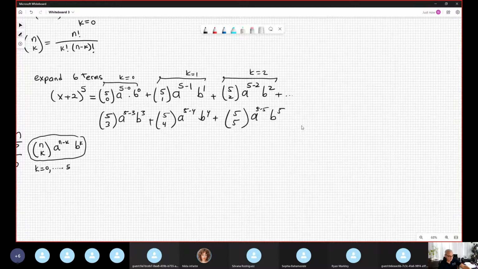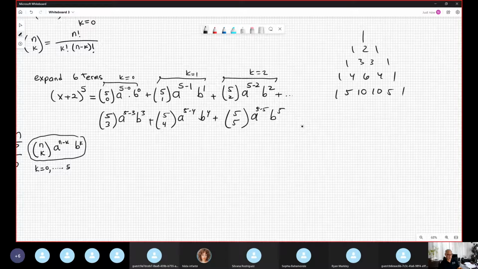You remember the Pascal triangle that looks like this: 1, 1, 1, 1, 2, 1, 1, 3, 3, 1, 1, 4, 6, 4, 1, 1, 5, 10, 10, 5, 1.